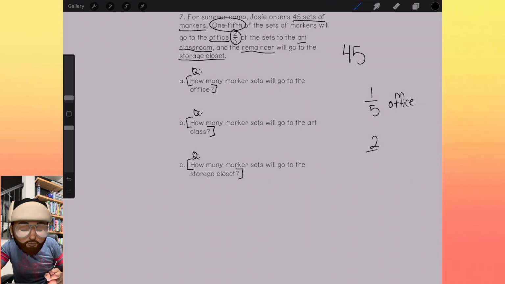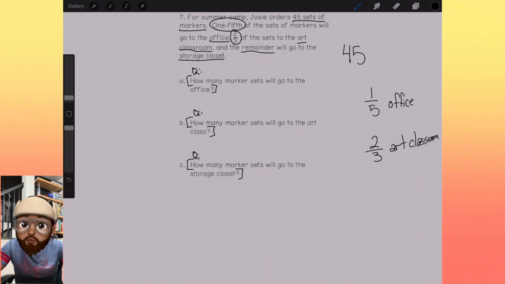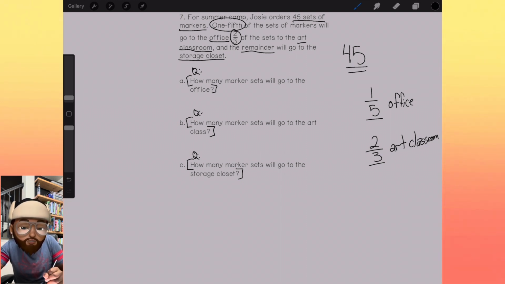We know that 2/3 of the sets are going to the art classroom. What we want to do is see what is 1/5 of 45 sets, and then what is 2/3 of 45 sets, and then count how many sets we have remaining and put it in C. So let's do that.